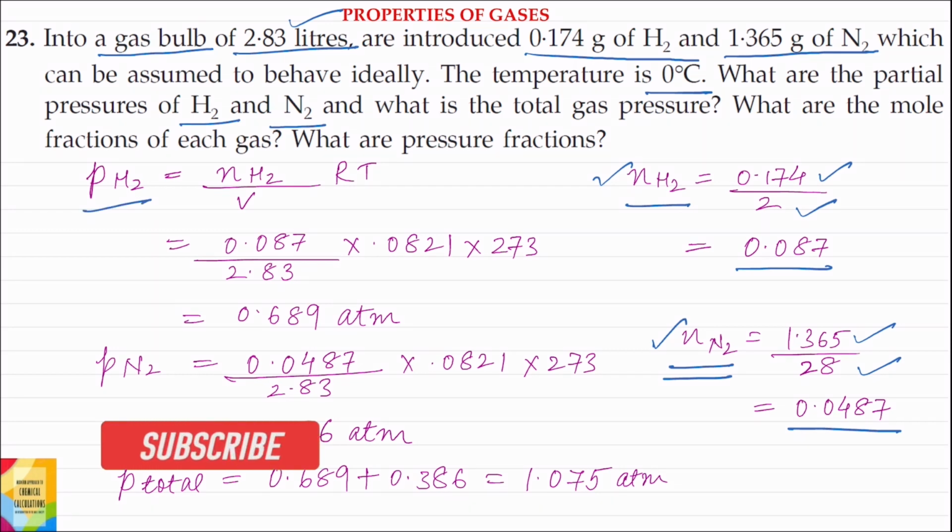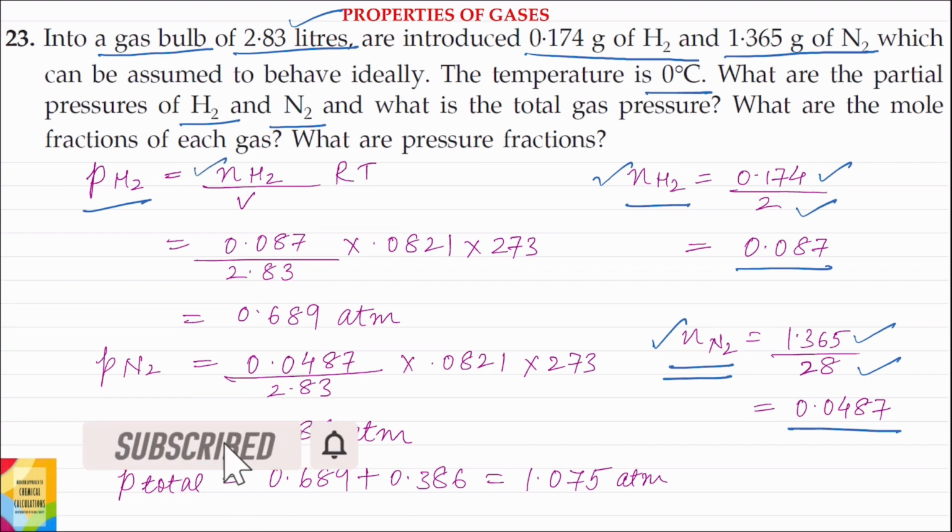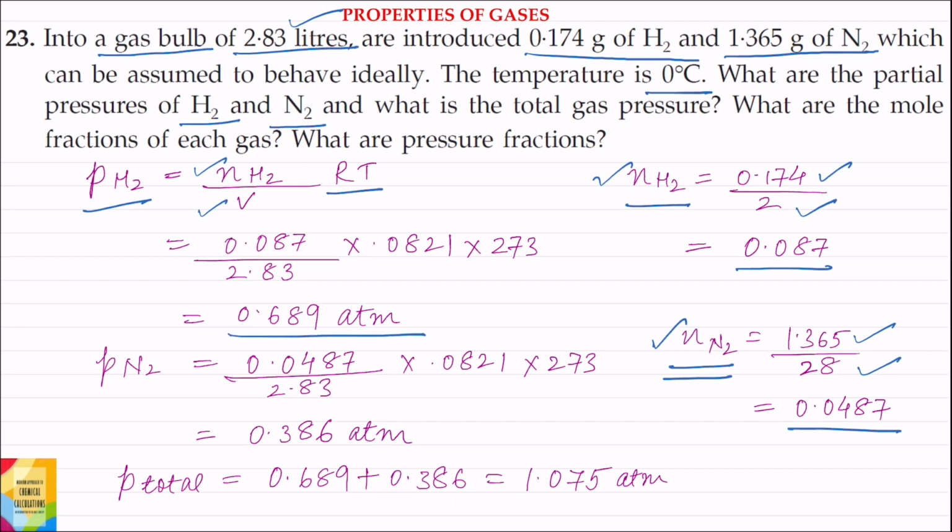Now partial pressure of hydrogen. Partial pressure of hydrogen will be equal to moles of hydrogen divided by volume of hydrogen into R into T. Putting the values and solving, partial pressure of hydrogen will be equal to 0.689 atmosphere.